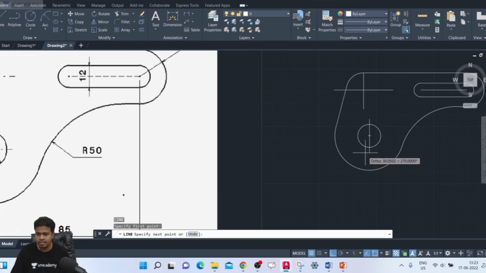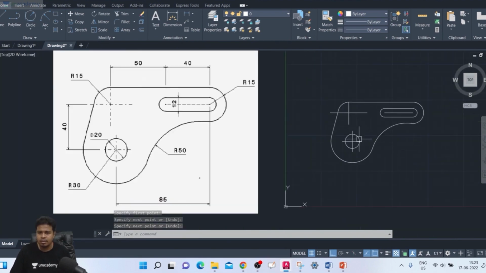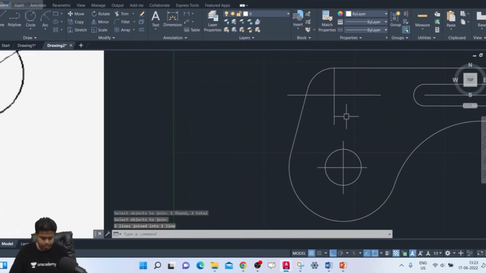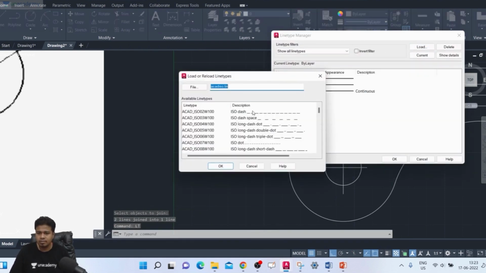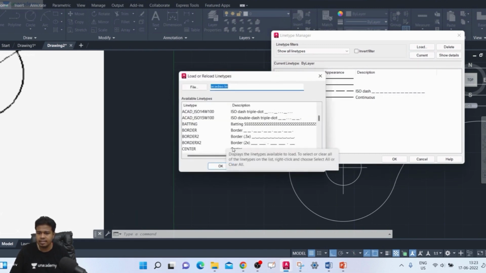You can draw like this as well. You can make it a center line. First join it, J. Now go to LT, line type, load, pick the dash lines, and also load, pick the center line.